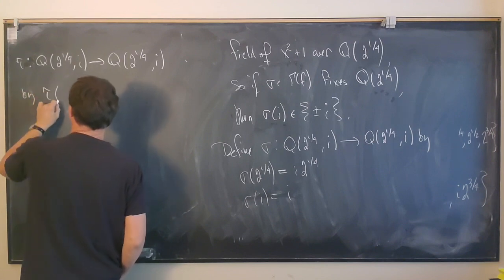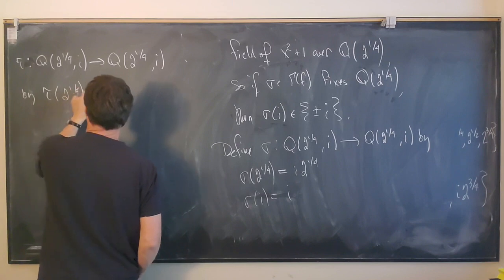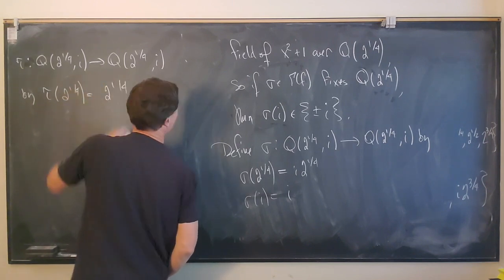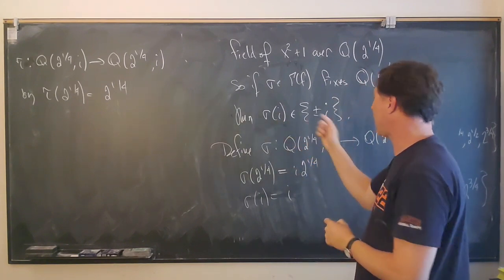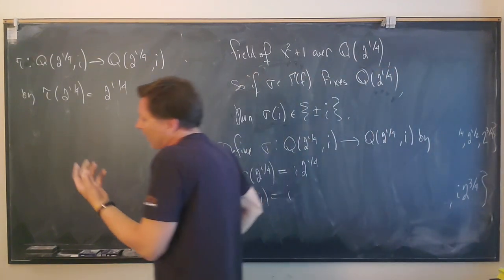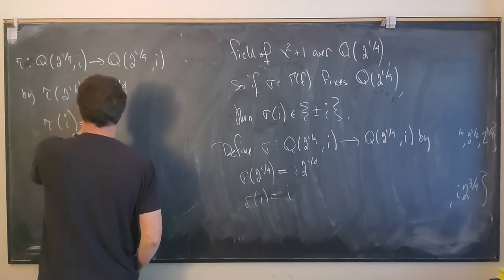By tau of 2 to the 1/4, here I'm going to send it to 2 to the 1/4, and by the work we just did before, tau will have to take i to either plus or minus i, and I want this to not be the identity, so this is going to be tau of i equals minus i.